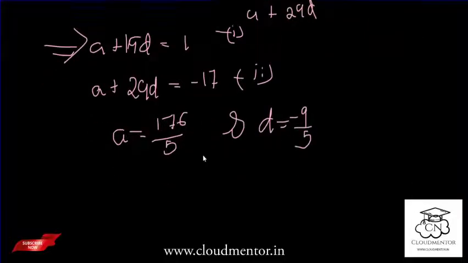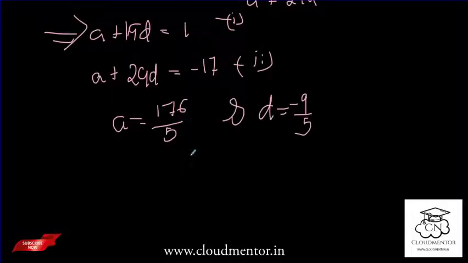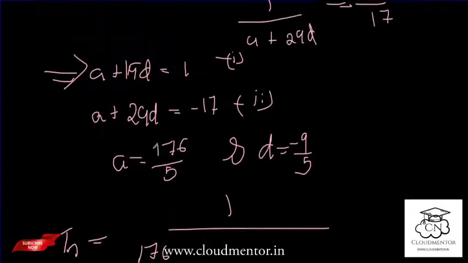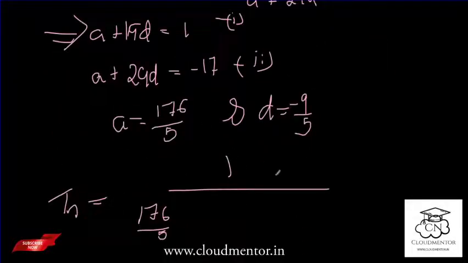Okay, so now assume that its nth term is the largest term. That's the question. So Tn equal to 1 by (176 by 5 plus (n minus 1) of minus 9 by 5). That is the equation we have studied, that is 1 by (1 by A1 plus (n minus 1) of (1 by A2 minus 1 by A1)).